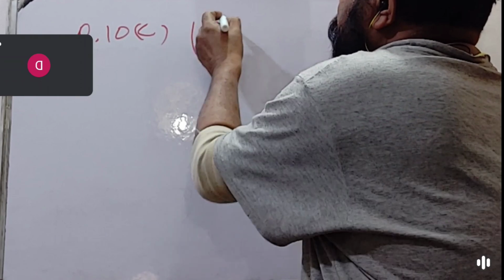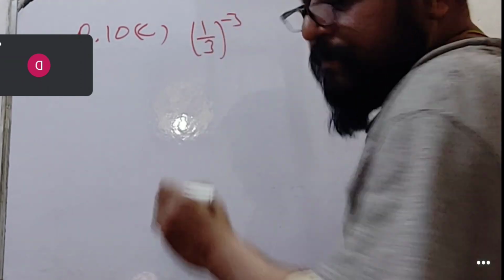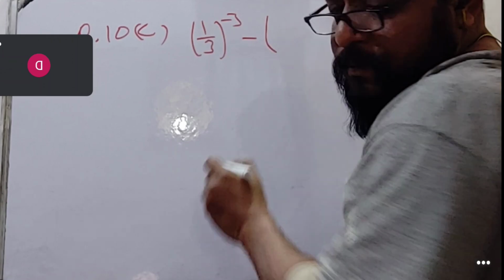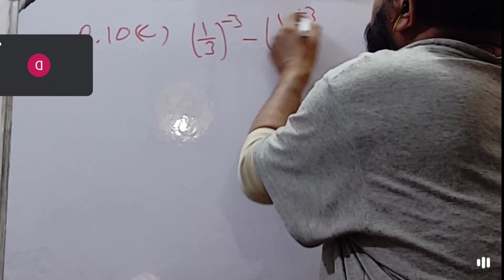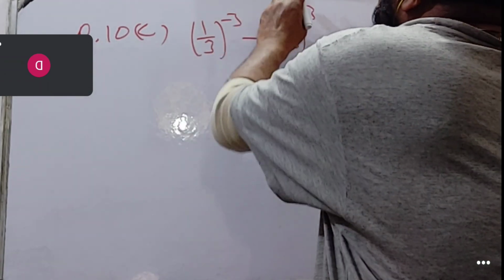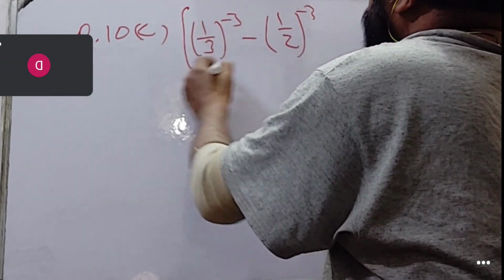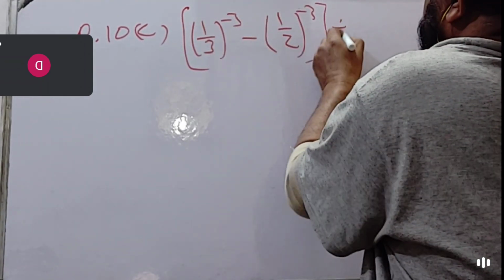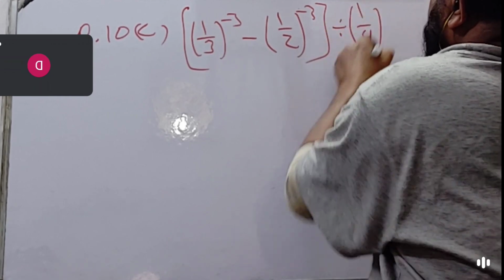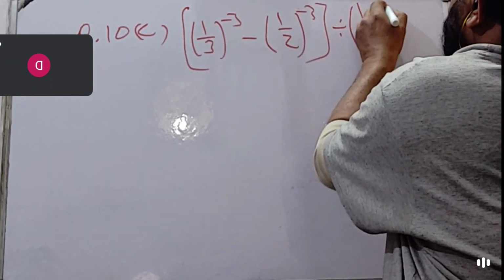1 upon 3 raised to the power minus 3 minus 1 upon 2 raised to the power minus 3, divided by 1 upon 4 raised to the power minus 2.